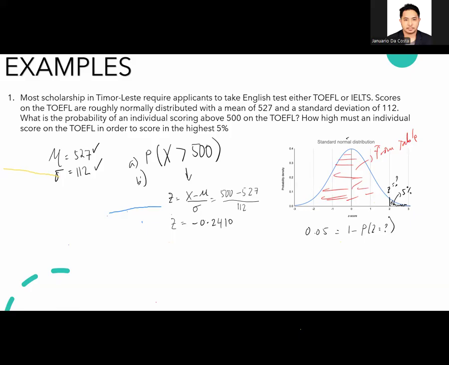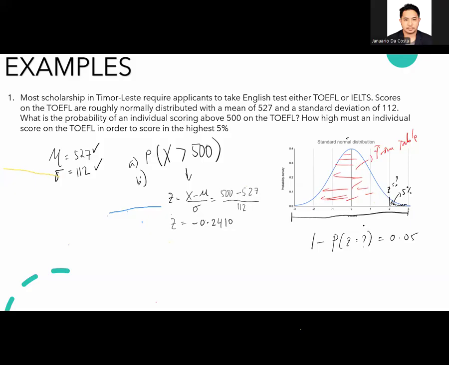Do you understand this mathematical expression? 1 minus the probability of that z value is equal to 0.05, or 5%. The total area is 1, and the table gives everything to the left, so 1 minus that gives the top 5%.